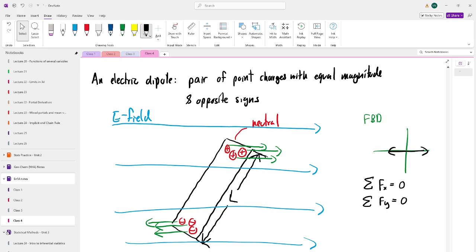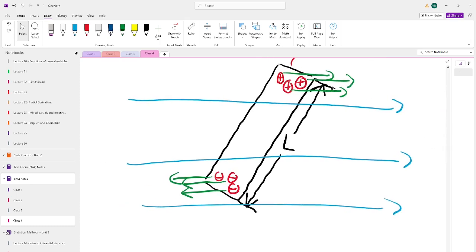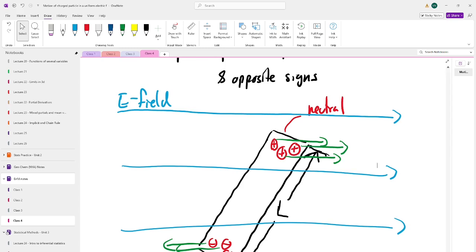However, because the charges are on opposite sides of the object and there is a length between them, there is a torque that is going to be exerted on the object. So these negative charges are going to be pulled in this direction, against the field lines, and the positive charges are going to be pulled in this direction. So even though the net force is 0, the object is still going to tend to rotate.